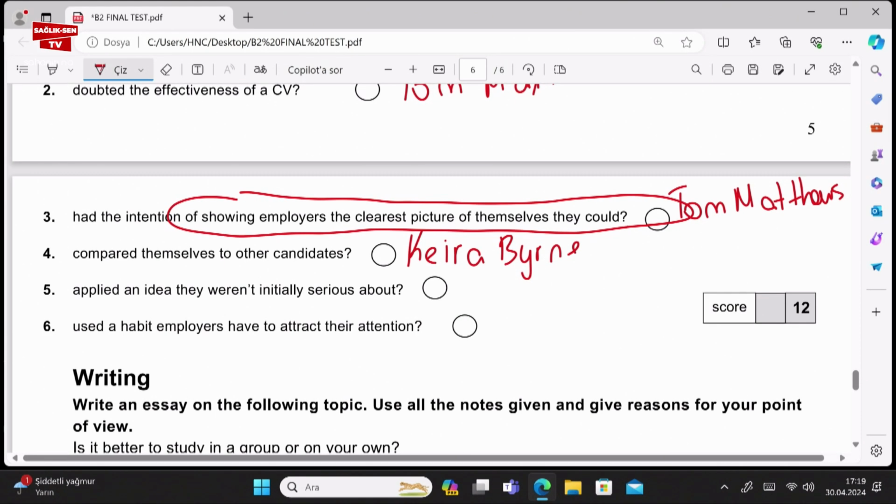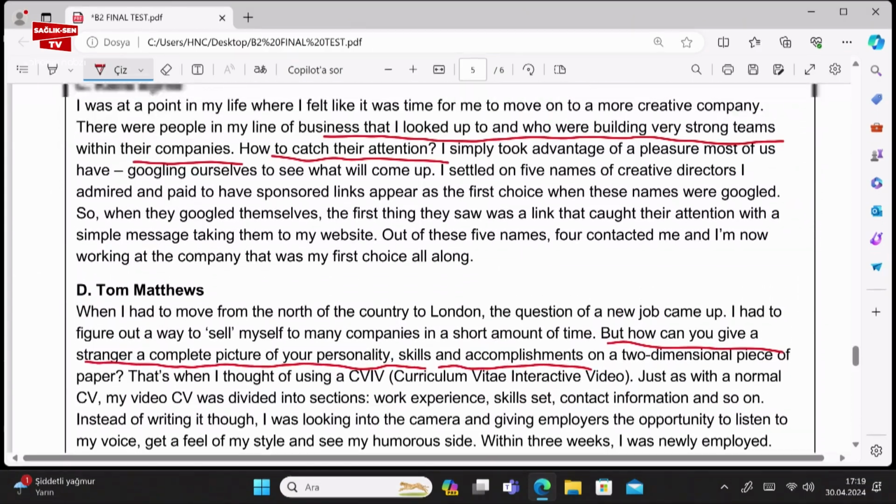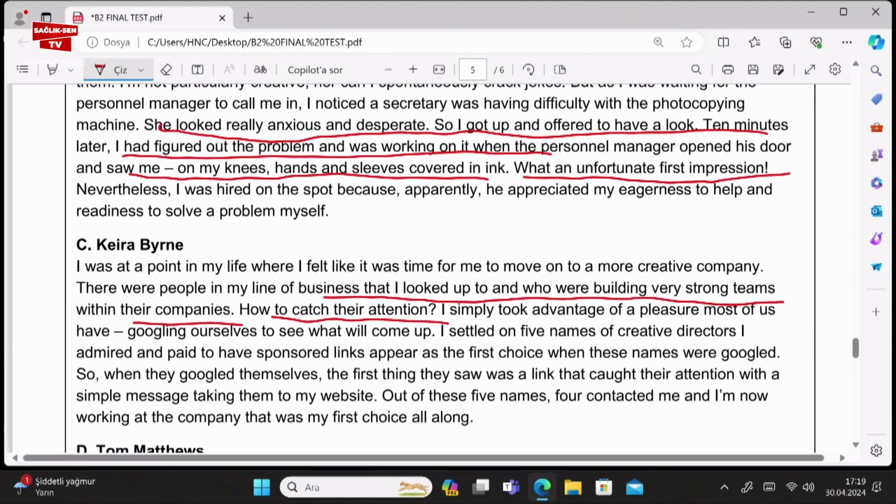Applied an idea they weren't initially serious about. As we have said, this person was joking about advertising herself.